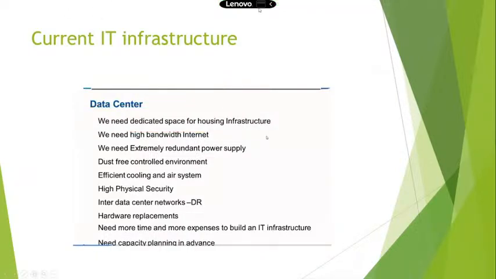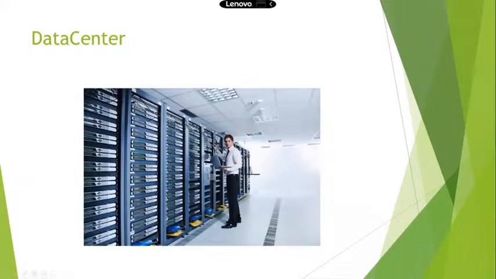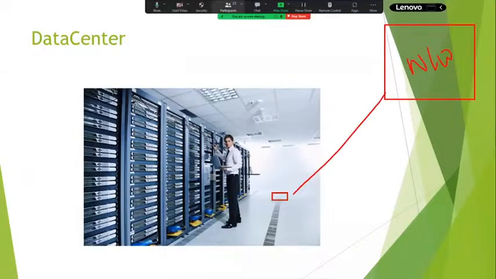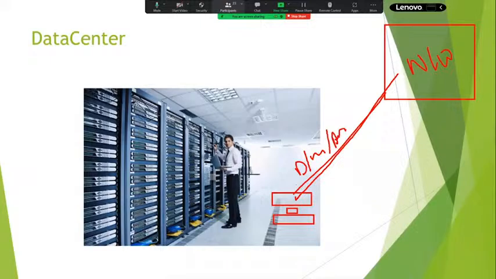For example, my organization's data center is in New York and I am sitting in Hyderabad. To access the data, our application information and our database, we need high bandwidth internet.